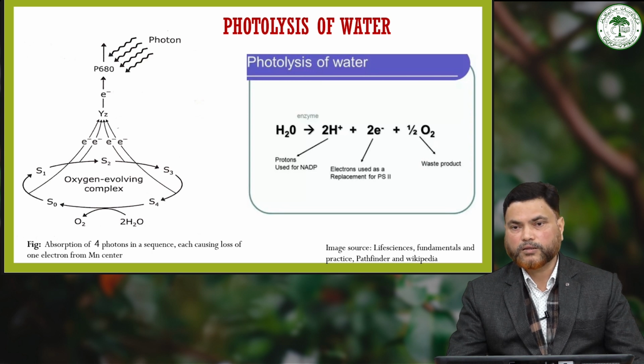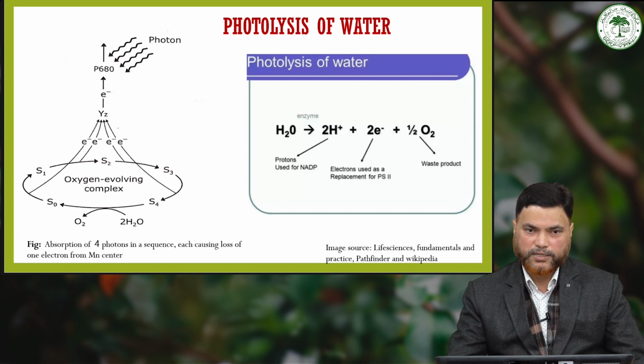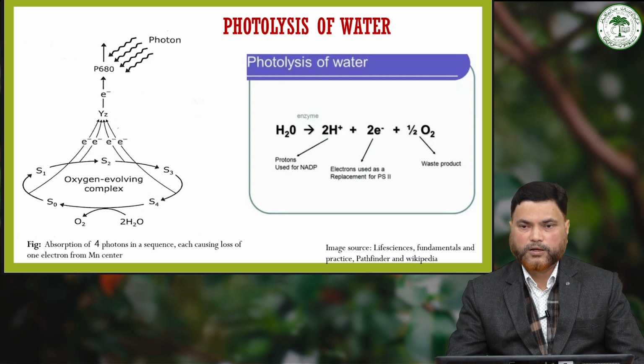Furthermore, manganese ions within the oxygen evolving complex cycle through 5 distinct states, as on the left side it is very clear, different oxygen evolving states that go from S0 to S4, that is 5 states, each transition between these states constituting a photon driven redox reaction.